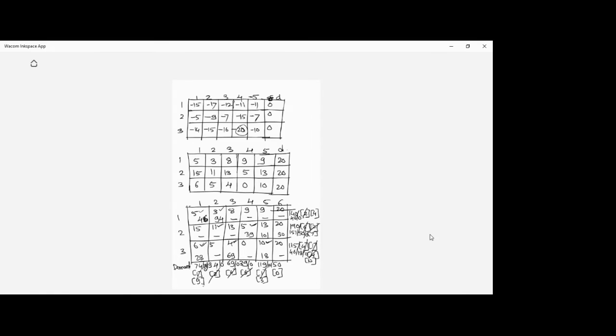Let's check the optimality. So the number of allocations that we have is how many? 1, 2, 3, 4, 5, 6, 7, and 8, right? And the m plus n minus 1 is 6 plus 3 minus 1, which is also equal to 8, right? So we can proceed.